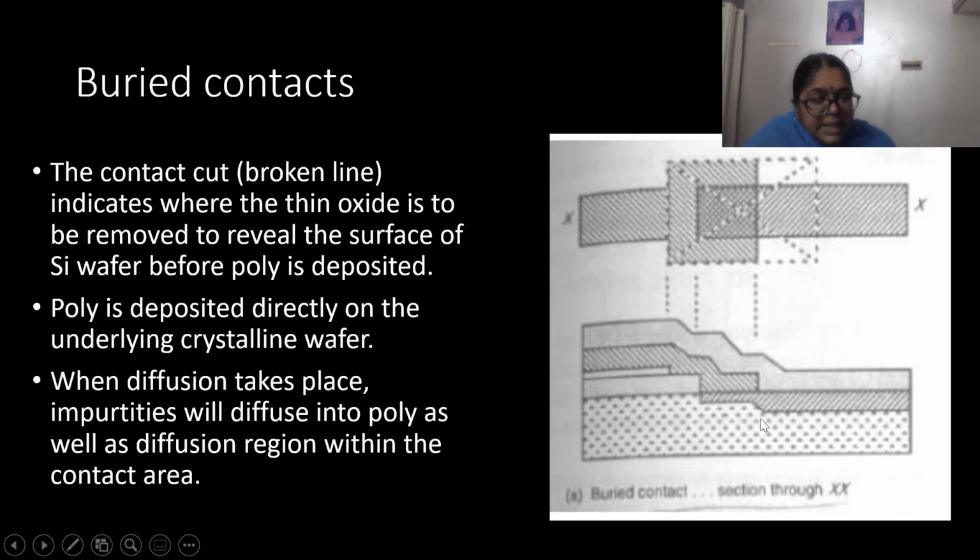So after that, n-type impurities are going to be passed into the region where n diffusion has to be present. So these impurities diffuse through the polysilicon to the region where n diffusion needs to be grown. So in that case, the impurities will diffuse into the polysilicon and the diffusion region within the contact area. So this we call the buried contact.